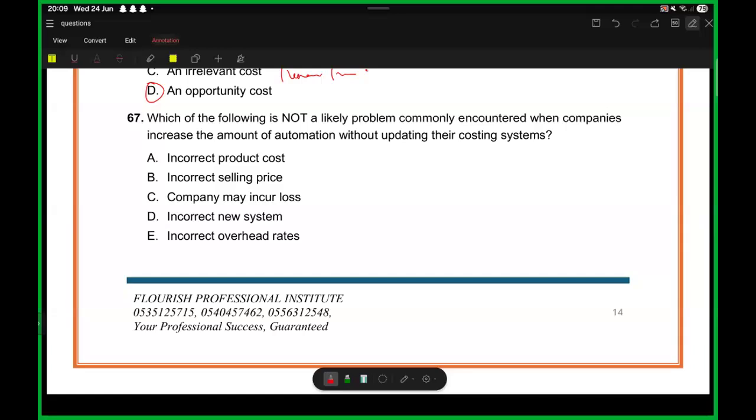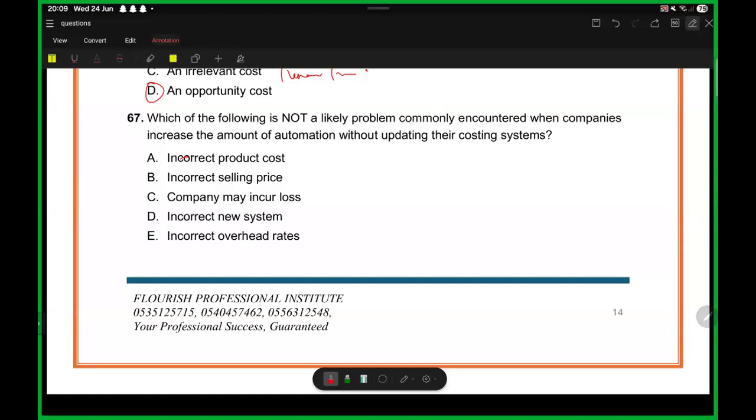Okay. So 67, we are saying that all of them are a problem. Which of them is not a likely problem? Means all of them are a problem. If you are updating the costing system, it can lead to incorrect product cost, which is true.